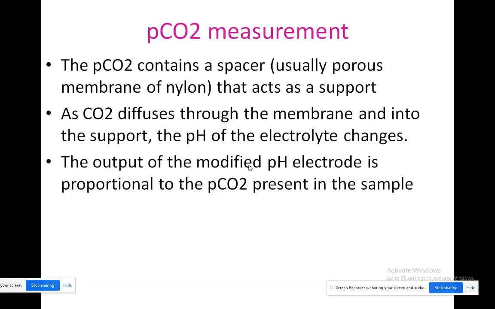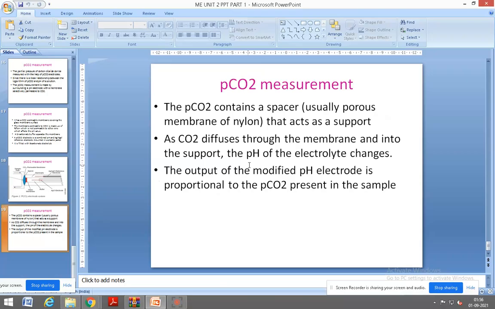The pH value of the electrolyte substance changes once the CO2 diffuses through the semi-permeable membrane. That changed pH value of the electrolyte solution is proportional to the PCO2 present in the given sample solution. That's all.